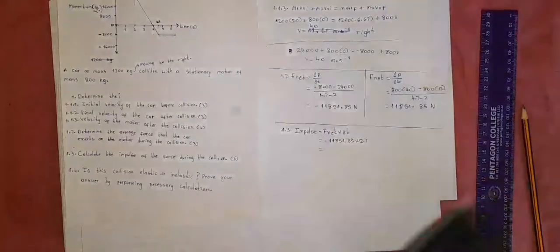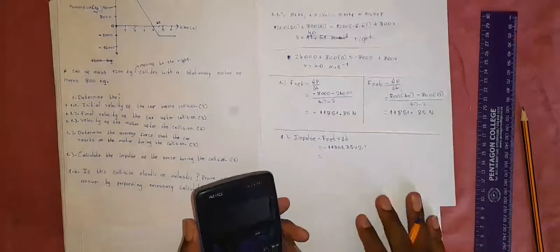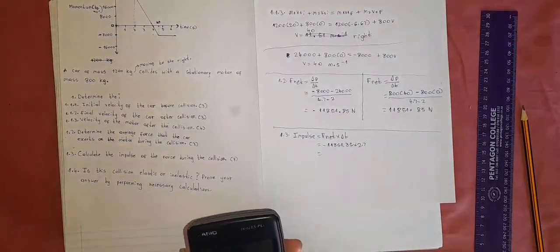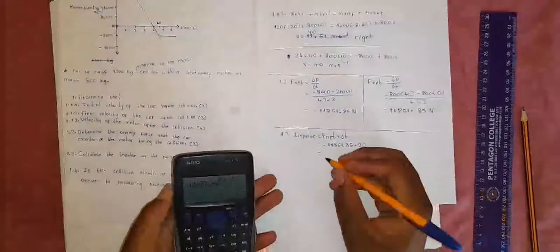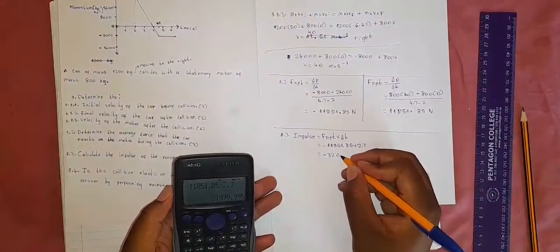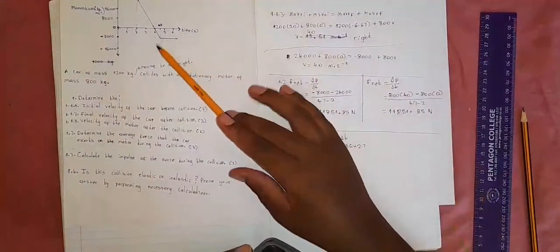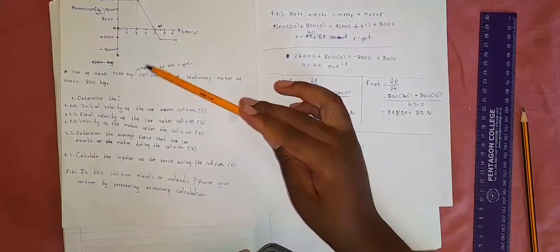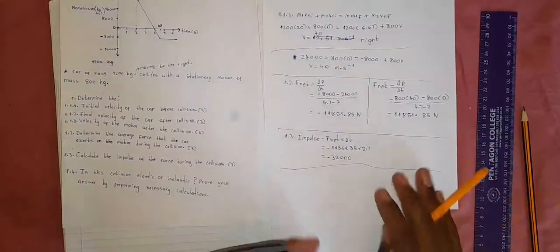So negative 11,851.85 times 2.7 gives us a value of negative 32,000. So the impulse is negative 32,000, like this. Of course, I will confirm the impulse using the gradient formula here. I will confirm that, but for now let's continue with the rest of the question. I think I'm missing something important here, but I will fix it, trust me.